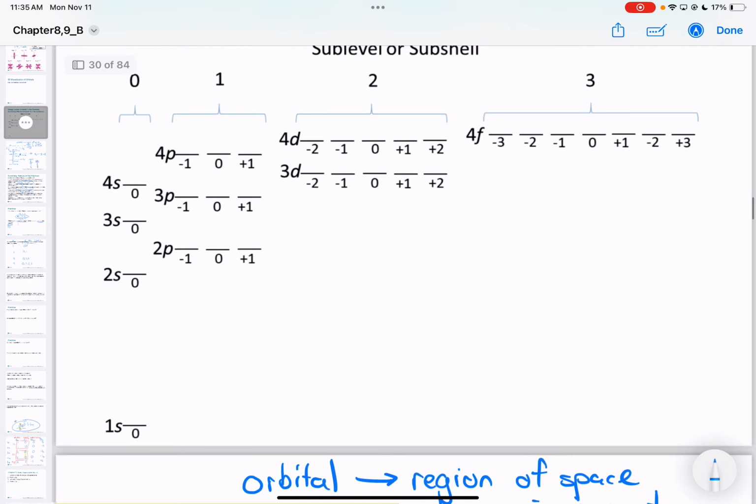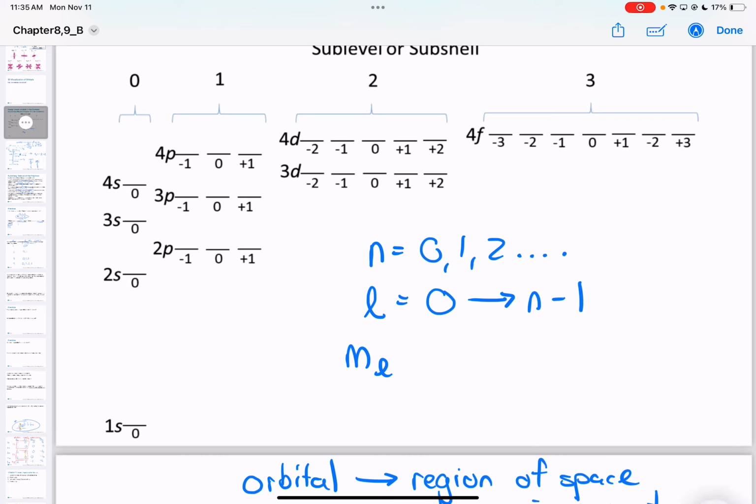You're going to be able to draw that yourself based on the rules, the allowed values that we just said, like N is 1, 2, etc. L is the range, 0 through N minus 1. M sub L is -L through +L. So if you just use those 3 rules, you could actually come out with this entire diagram.